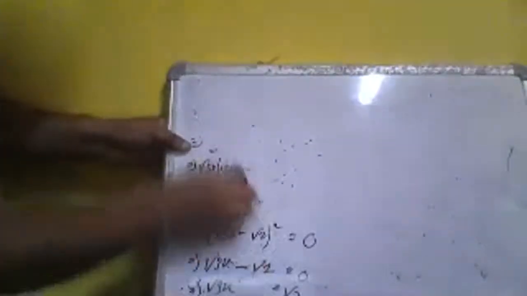You write the homework. That means one method you did, that is the factorization method. And tomorrow we'll do the completing square method and the formula method, both the methods.